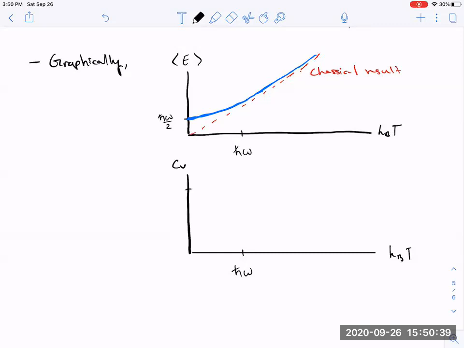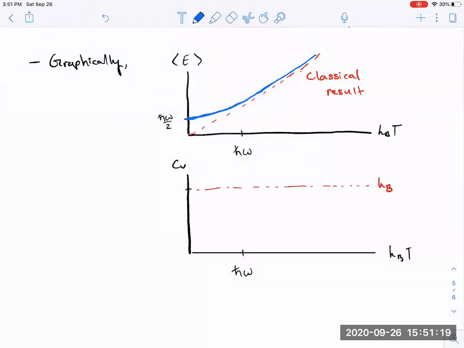Now the classical result, CV, is just the first derivative of the energy with respect to temperature. The classical result for energy is a line with constant slope. The classical heat capacity, therefore, is just a constant. It would be a constant at kB.